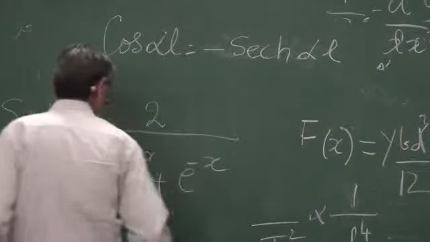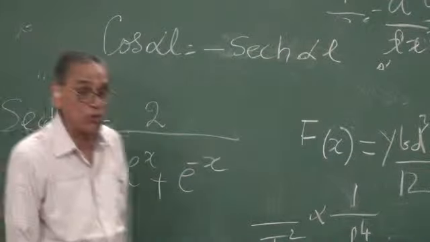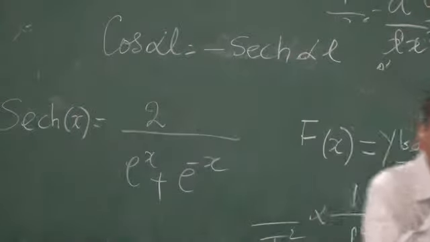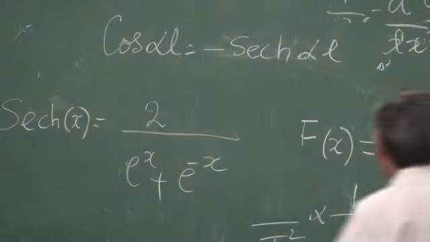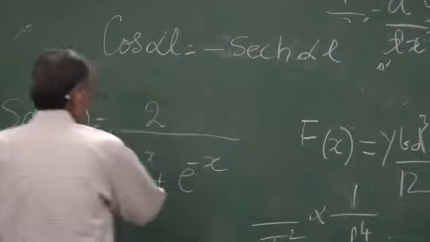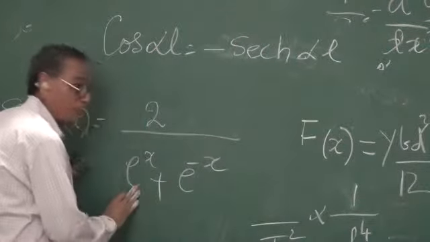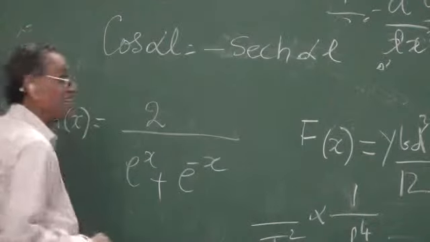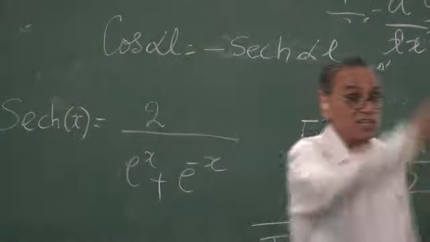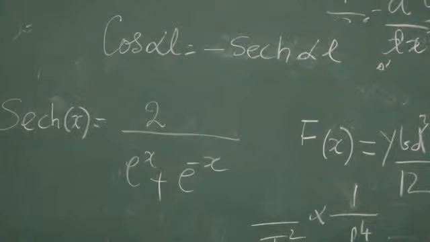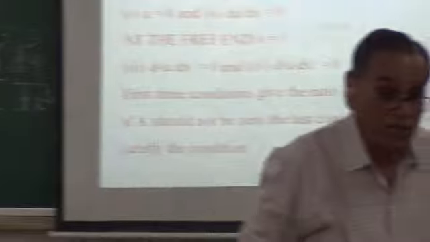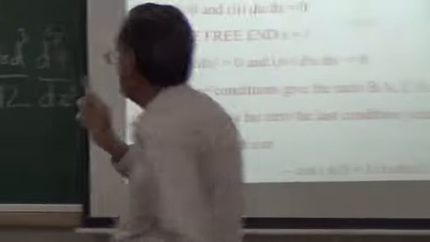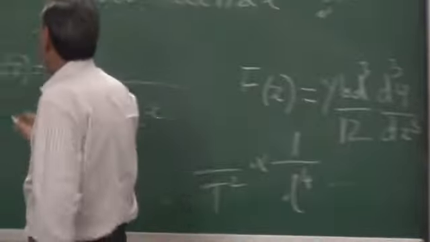When x is 0, the denominator is 2, so sech x will be 1. When x is infinity, the denominator will be infinite, so sech x will go to 0. So it will decrease monotonically from 1 to 0 as x increases. And we have to plot minus sech x.